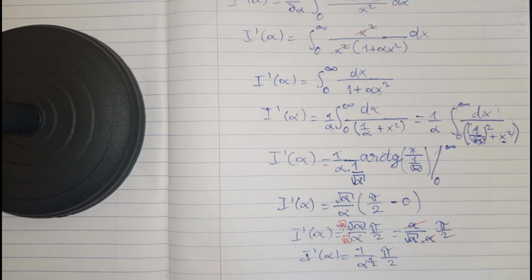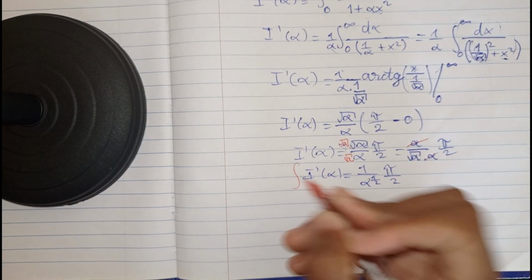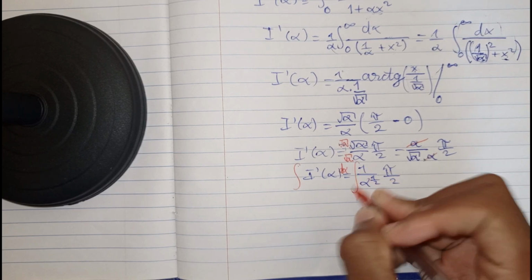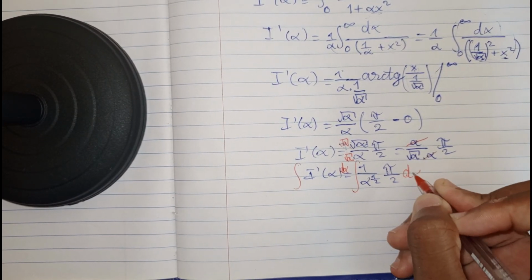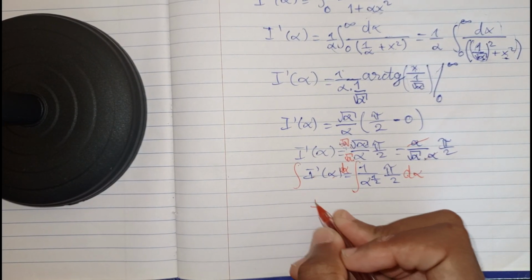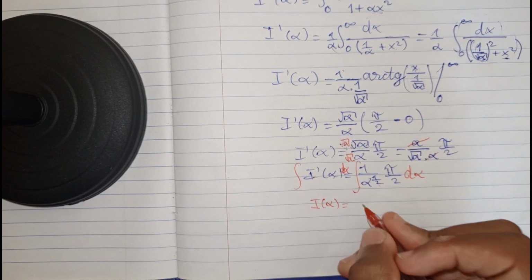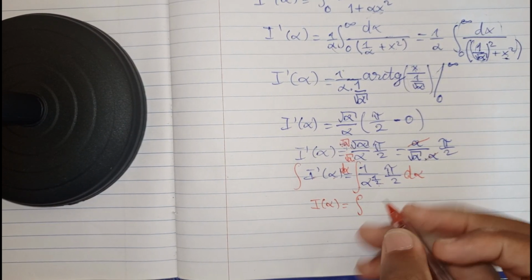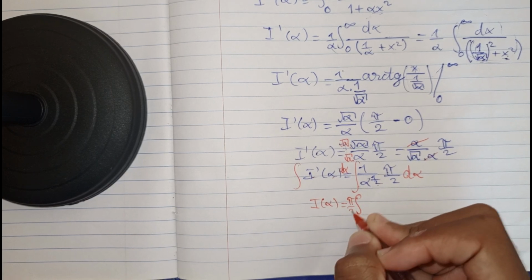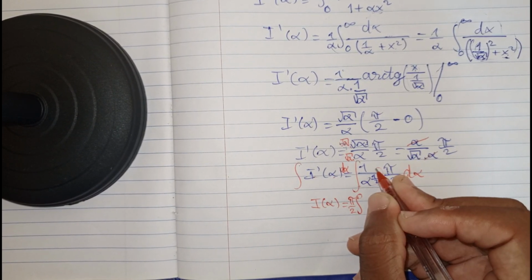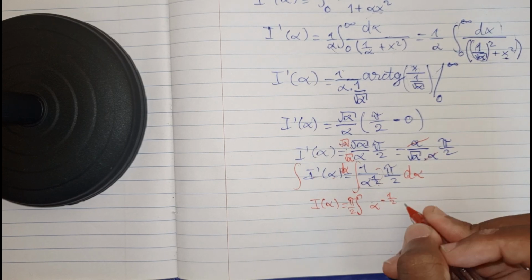Good. Now we can integrate this with respect to alpha, to get I of alpha. Here I need to write alpha to a negative power, since it is a constant in the denominator.